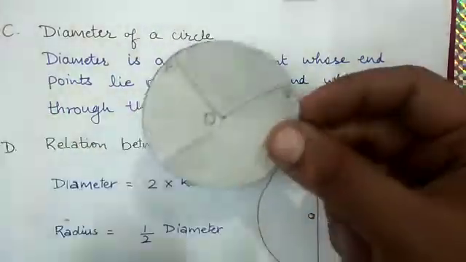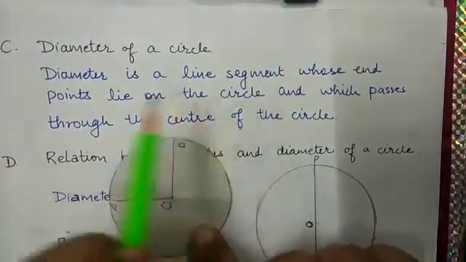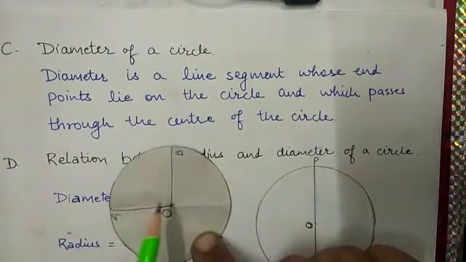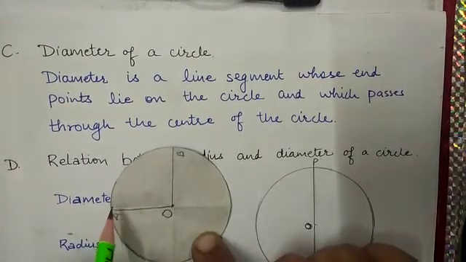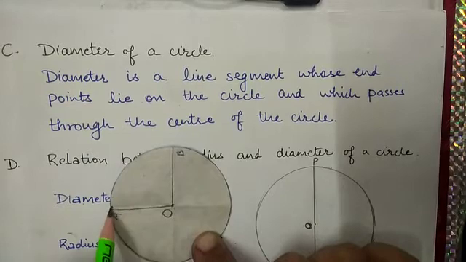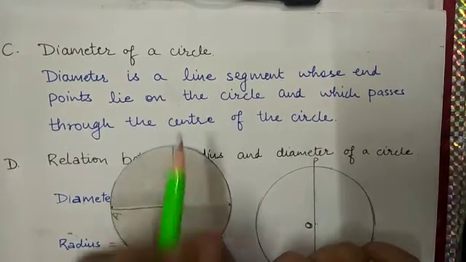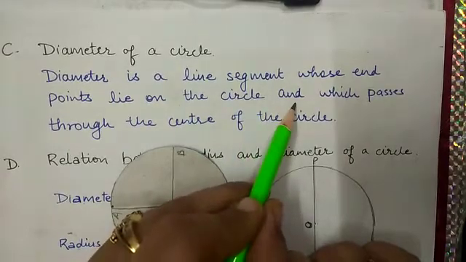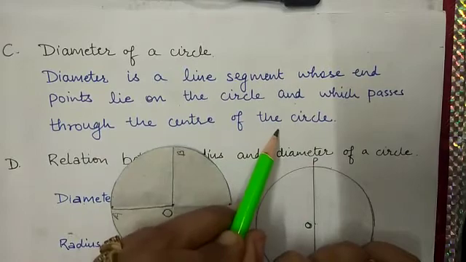Next comes the diameter of a circle. Diameter is a line segment whose end points lie on the circle. That is, if I draw a line from this point to this point, this line passes through the center of the circle.